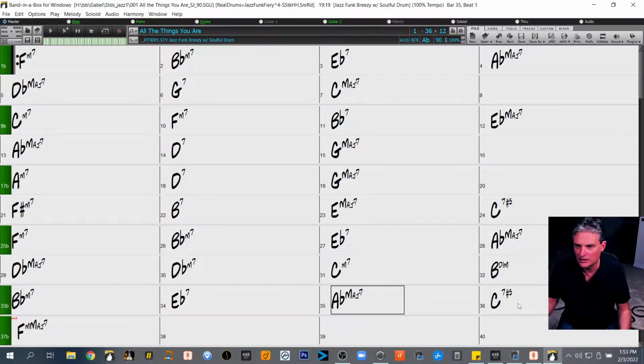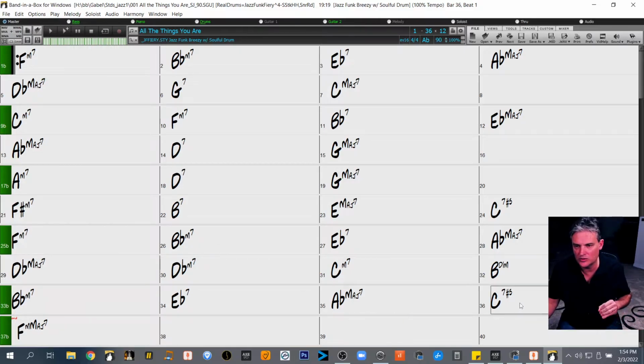Then we have this C7 sharp 5. Now, if we move 4 degrees from A flat, we would actually be at D flat. So here's an exception. But I believe the reason why this was used here is because this would take us back to F. If we're at C and we move 4 degrees, normally this would be a C minor 7, and that would be in the key of A flat.